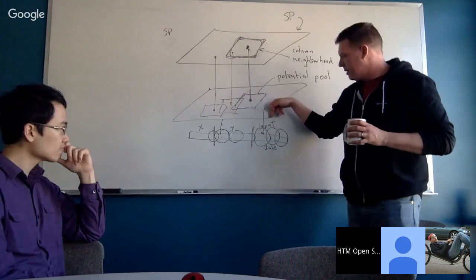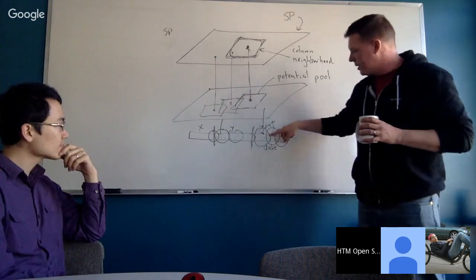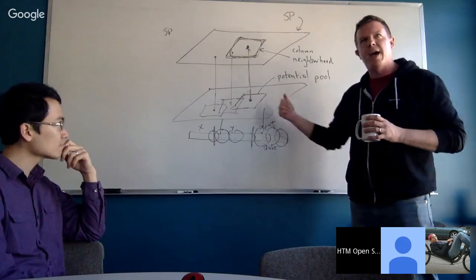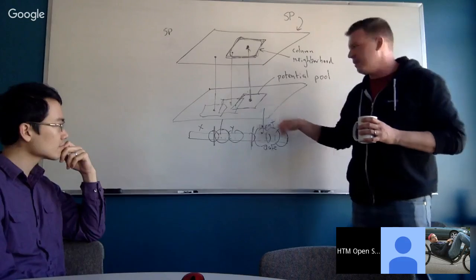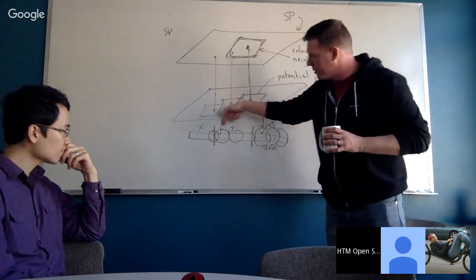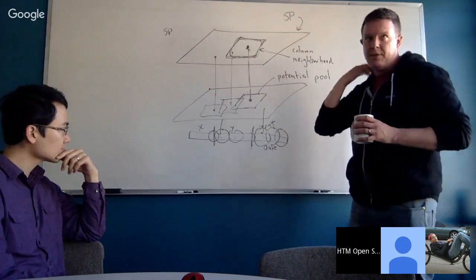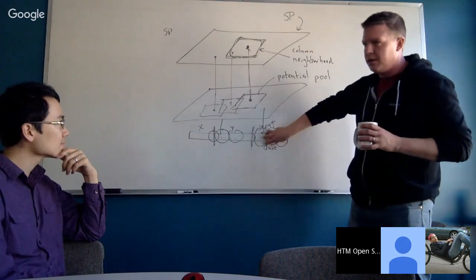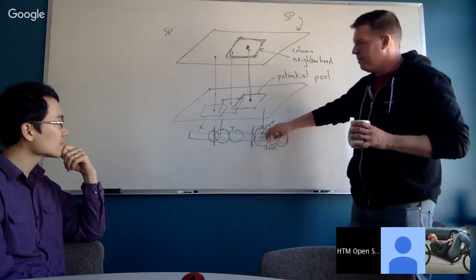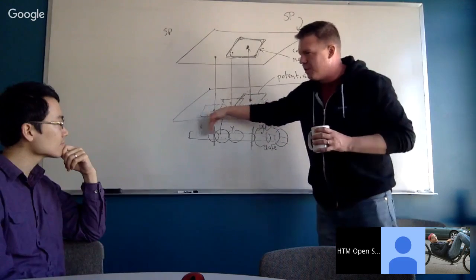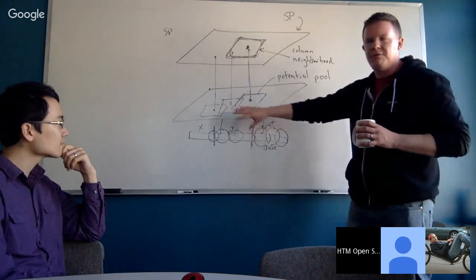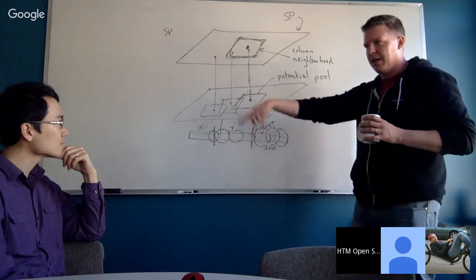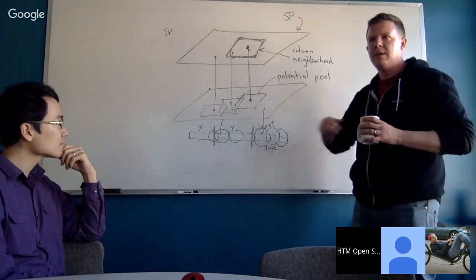If you've got a column that's very focused on one part of the input, if there's noise in that input, it would activate more often than if its meaning was distributed throughout, because the noise would affect it more if it was focused on one area and it got noise in that area, versus less if it had more distribution throughout the space. That noise would affect it less because it wouldn't always be happening in all the spaces that it was connected to. Does that make sense?